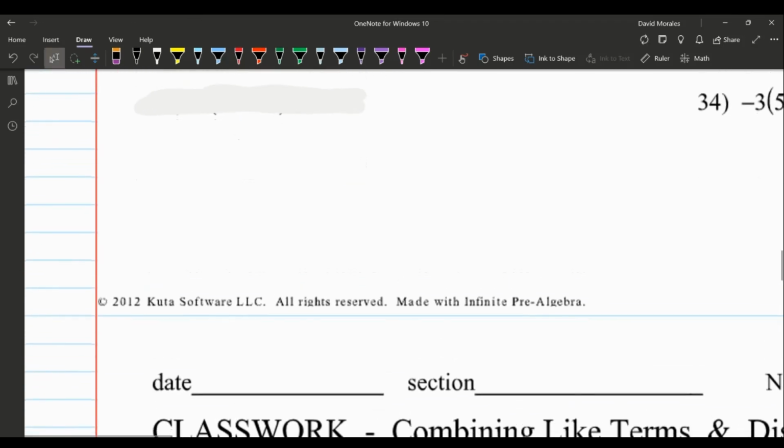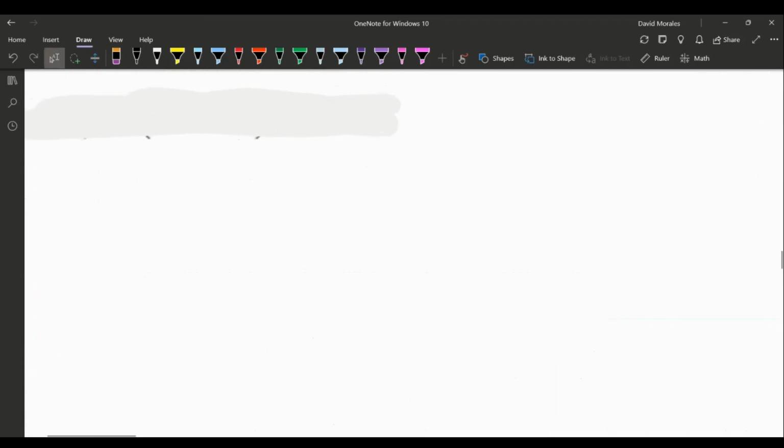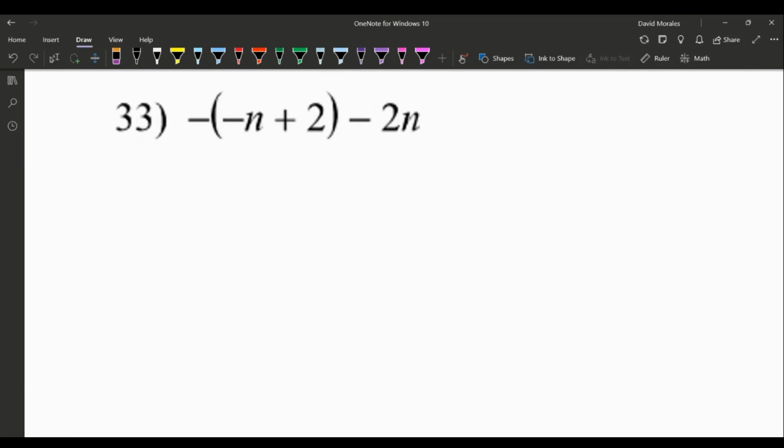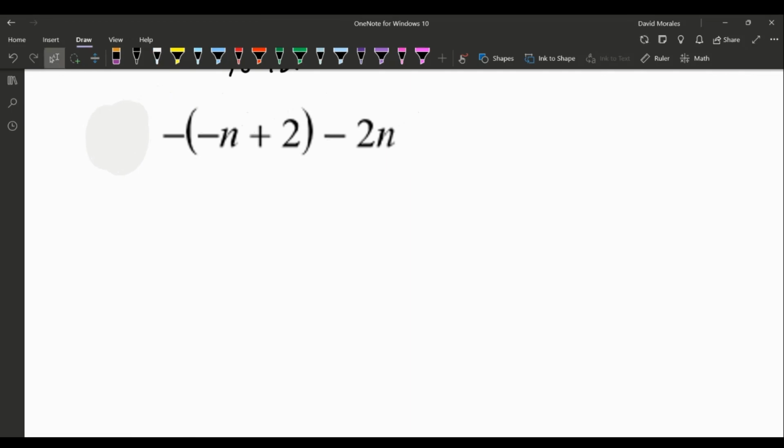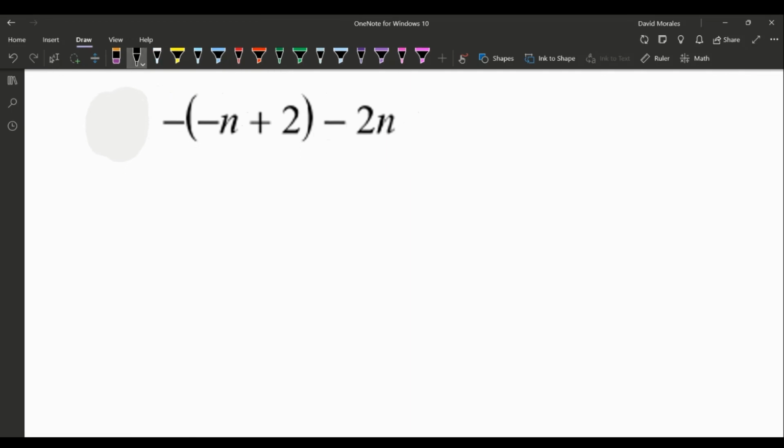Okay, and then we've got one more problem here. This is a little confusing. Remember when you're distributing, anything that's in front of the parentheses is what you multiply. So I'm going to distribute this negative to both in there. Negative times negative n is n.